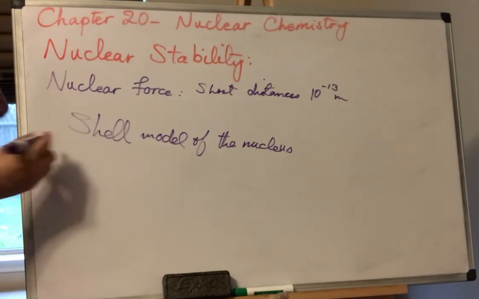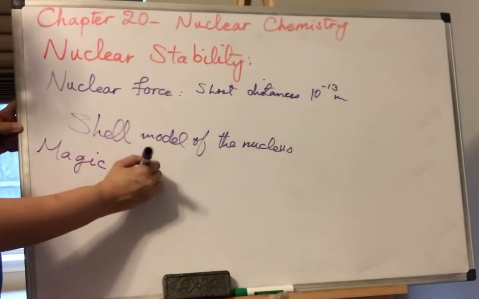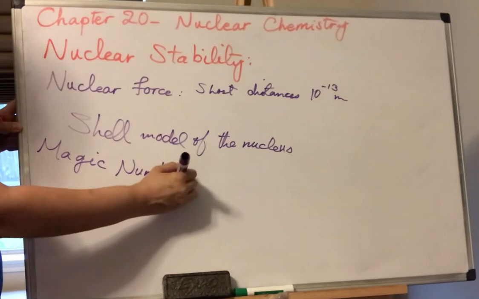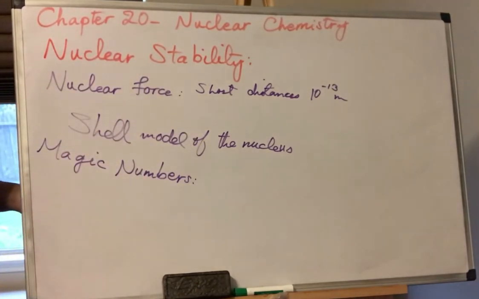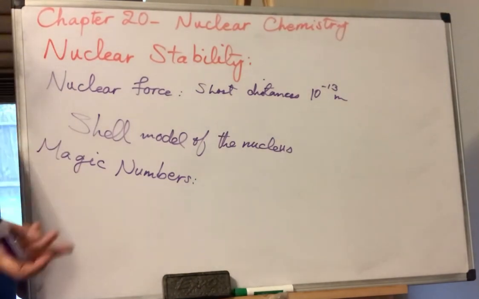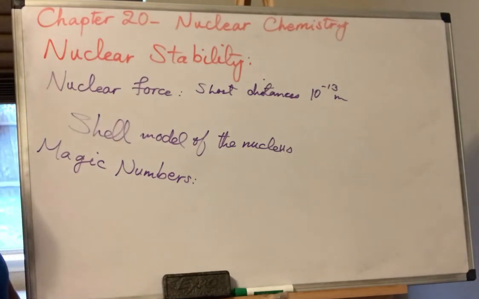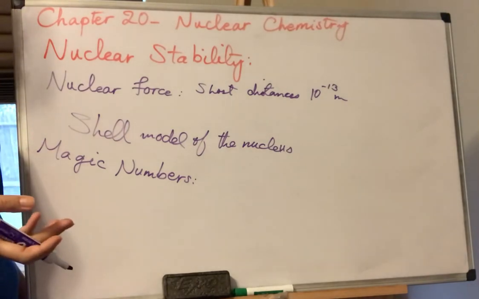Let's talk about the magic numbers. You need to memorize some numbers. Magic numbers is the number of nuclear particles in a completed shell of protons and neutrons. You remember we had, like, for shell 1 or level 1 we had 2 electrons, for level 2 we had 8 electrons, level 3 we had 18, and level 4 we had 32.